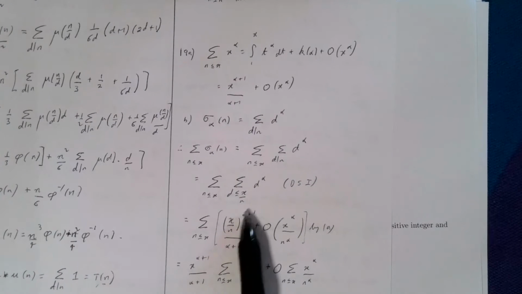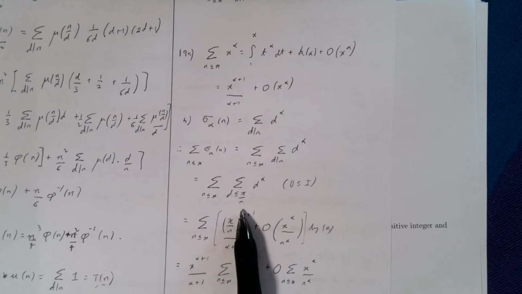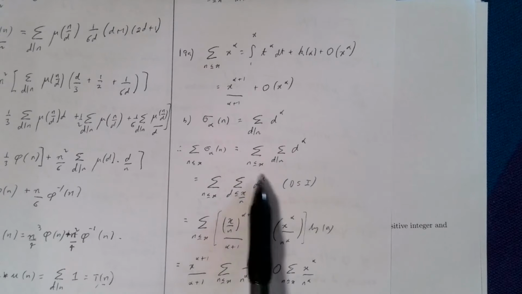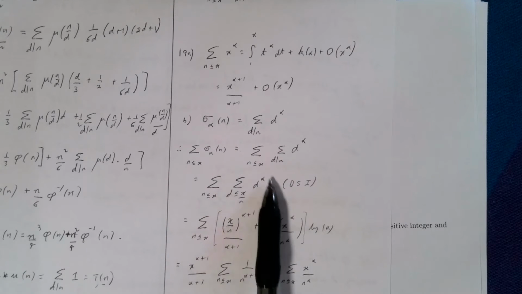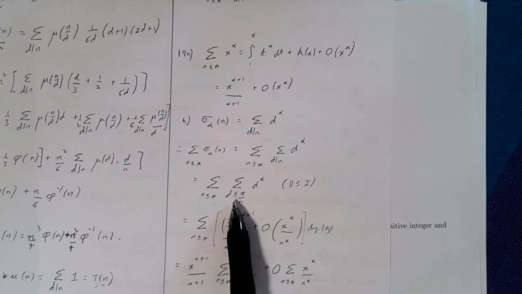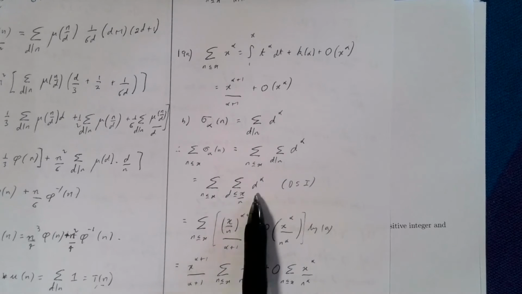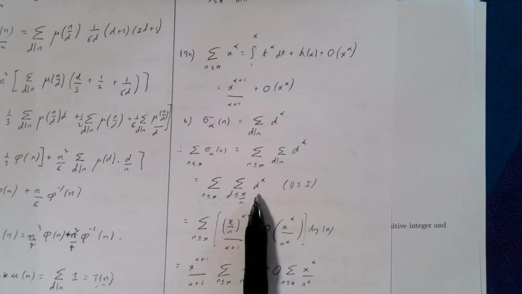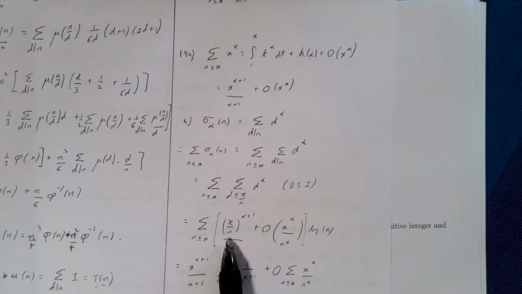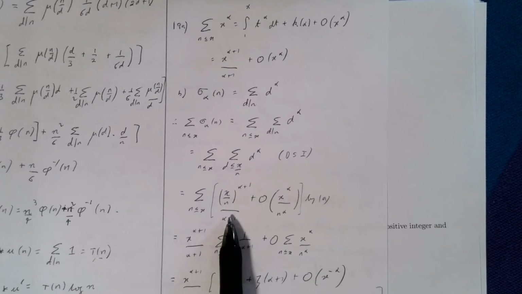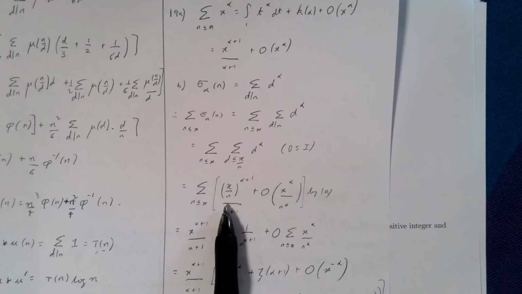Now, having done that, we've already worked out what this is in part A, so using part A I can just plug in, I can replace the x with x over n, and so I get this expression here using part A.